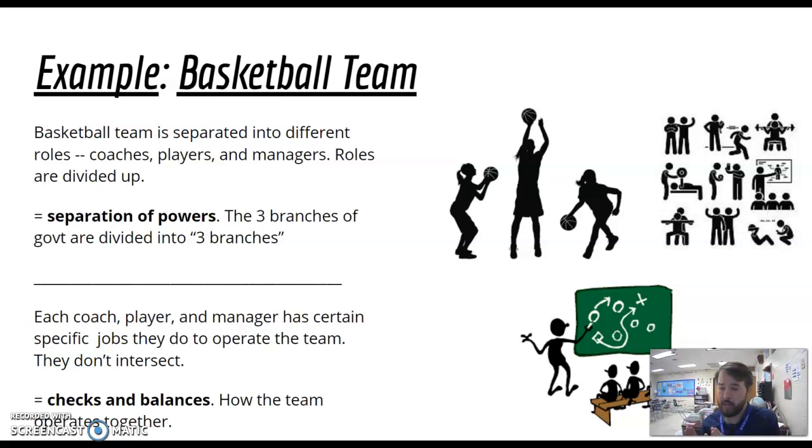Each person has a defined role, and they work together to make this team, right? That's checks and balances. Everybody has a role, and they check each other as they go along. So if a player gets out of line, the coach handles it. If a teammate is hurt, the manager may tape up their ankle, whatever it is. Everybody has a defined role, and nobody oversteps their bounds. That's a simple version of checks and balances.